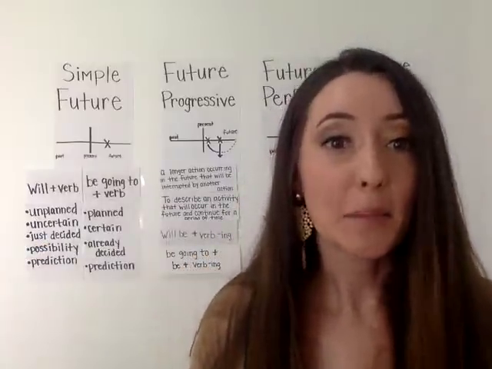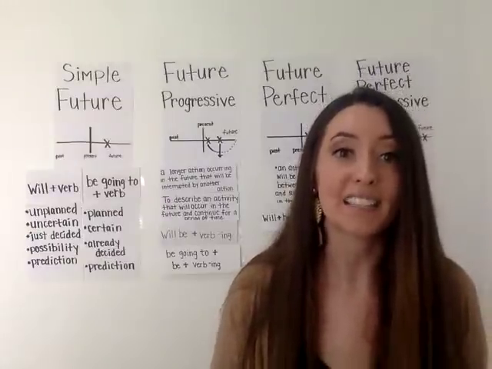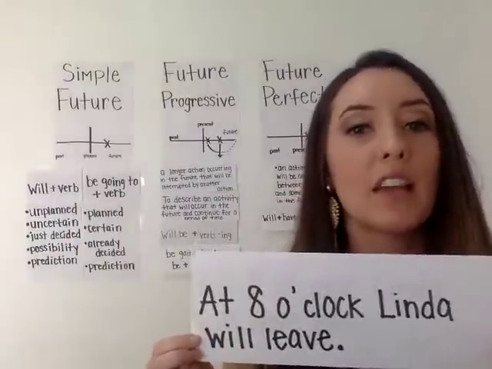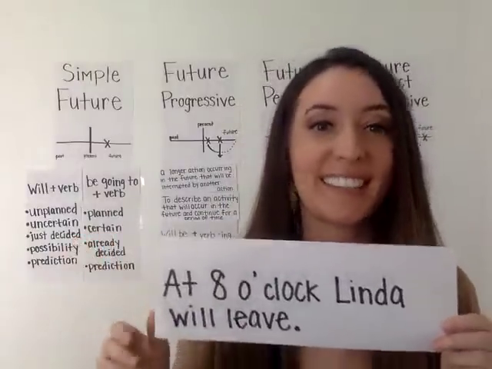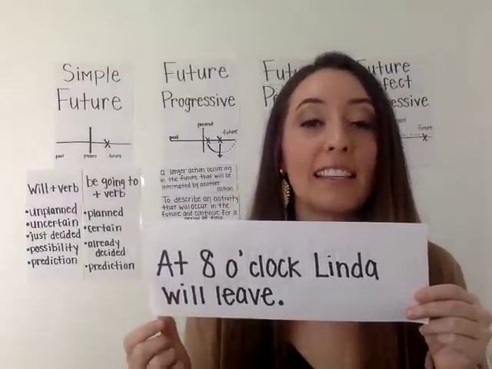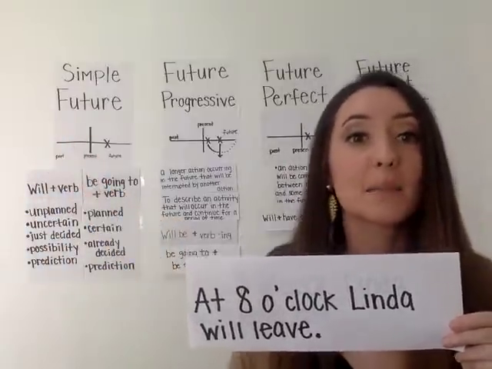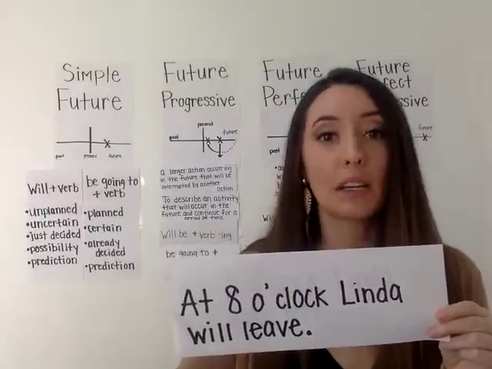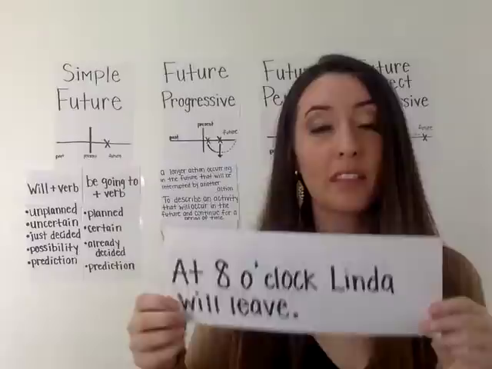However, sometimes we cannot use simple future or future perfect because it changes the meaning. For example, if we say at 8 o'clock, Linda will leave. Linda's at work. Linda is working in her office. At 8 o'clock, Linda will leave. This is simple future. This means when the clock hits 8, Linda is going to get her things and leave work. Okay?